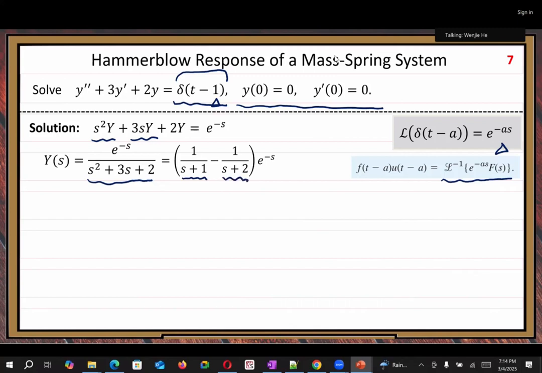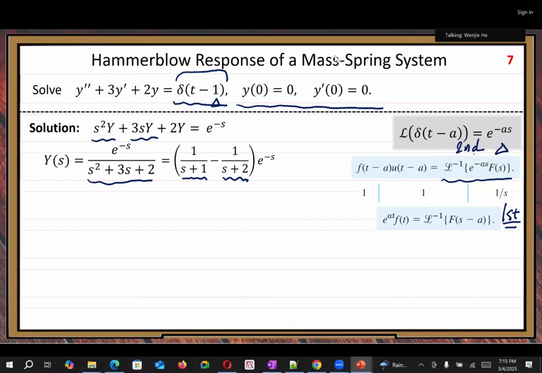Here you can see you need to apply two shifting theorems, first and second. You need to do shifting in s. This is the first shifting theorem, and then the second shifting theorem.